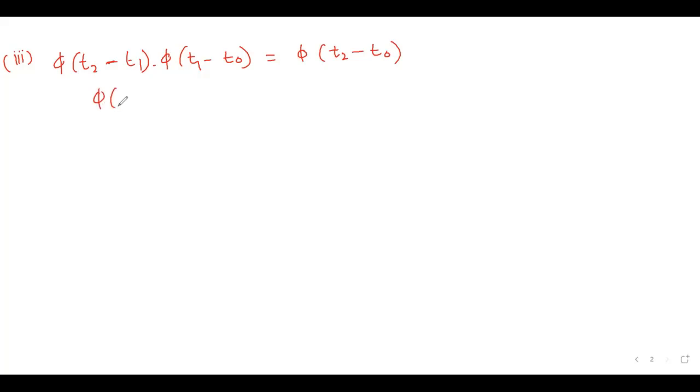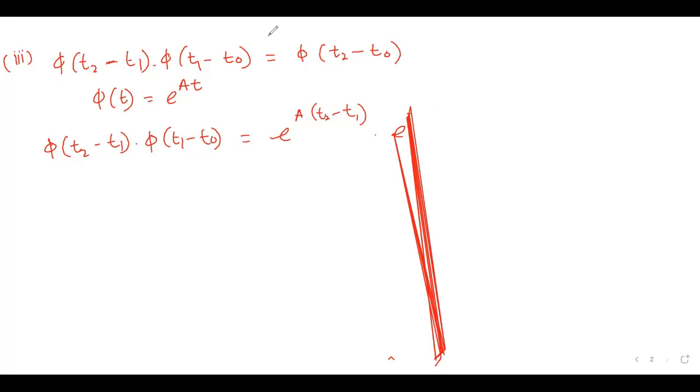Because we know phi of t is equal to e to the power At. Therefore phi of t2 minus t1 into phi of t1 minus t0 is equal to e to the power A into t2 minus t1, into e to the power A into t1 minus t0, because we replace t by t2 minus t1 and by t1 minus t0.